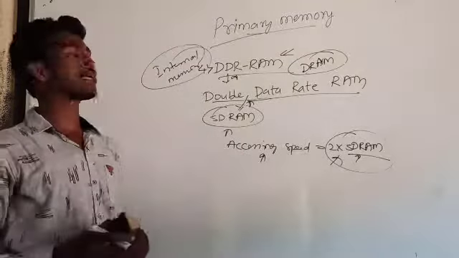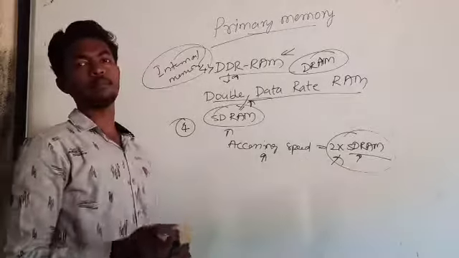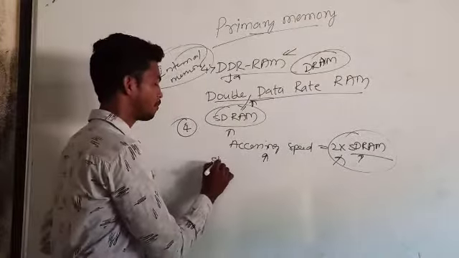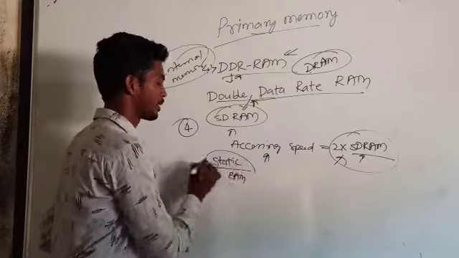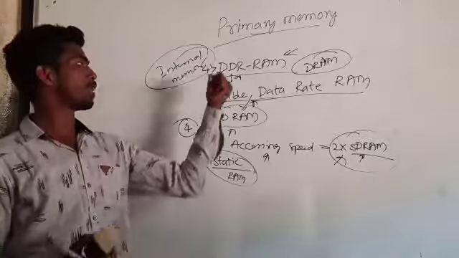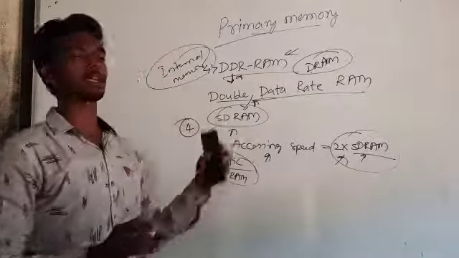RAM contains four different types of memories: DRAM, dynamic RAM; SRAM, static RAM; SDRAM, synchronous dynamic random access memory; and the final one is DDR-RAM, which means double data rate random access memory.